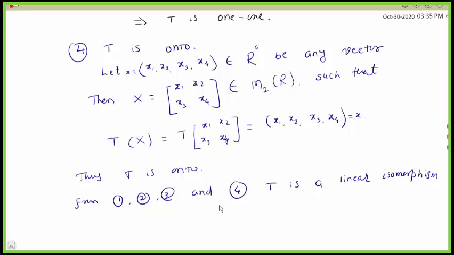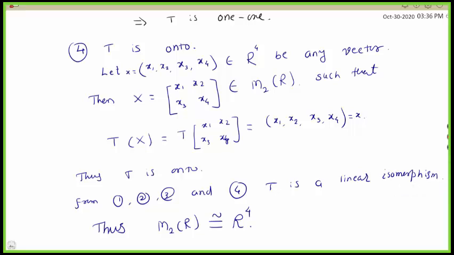That means there exists an isomorphism between M2R and R4. Therefore, thus we have M2R is isomorphic to R4. So these two vector spaces are isomorphic.